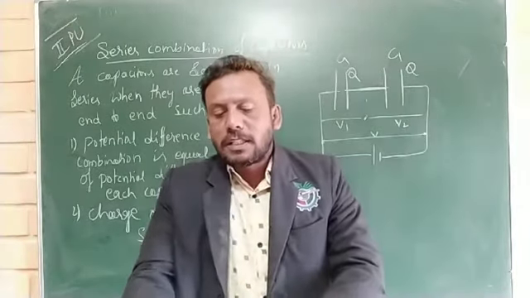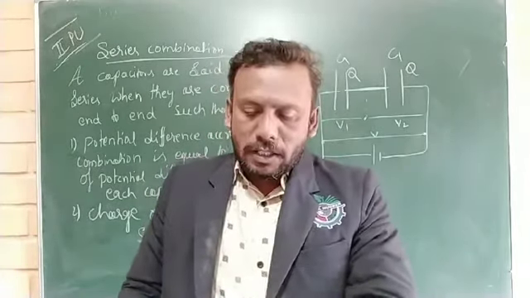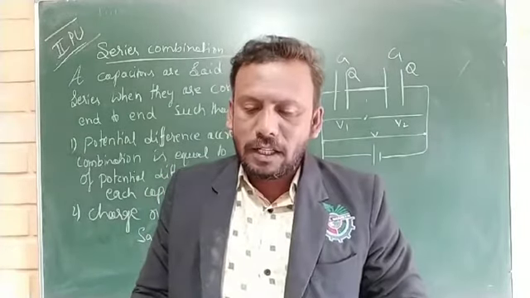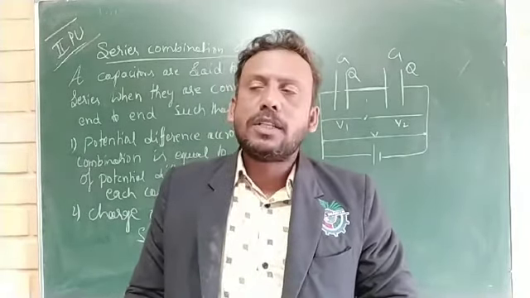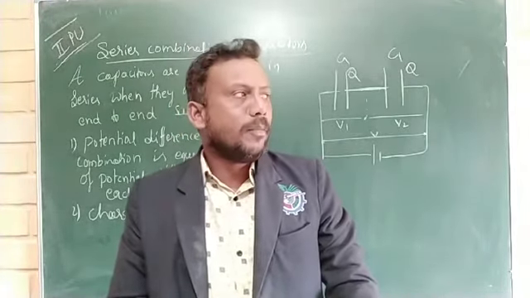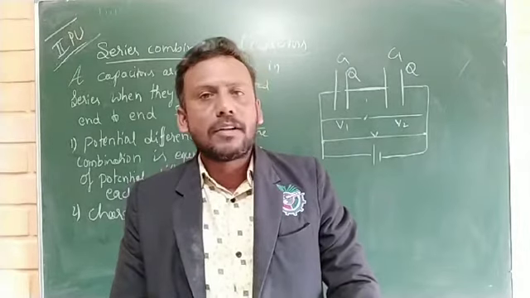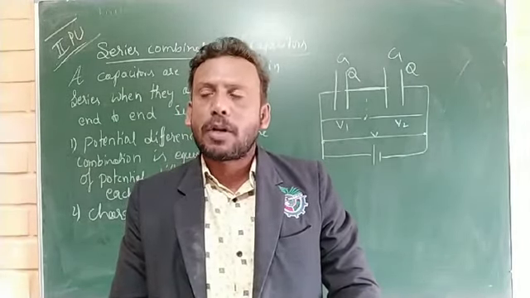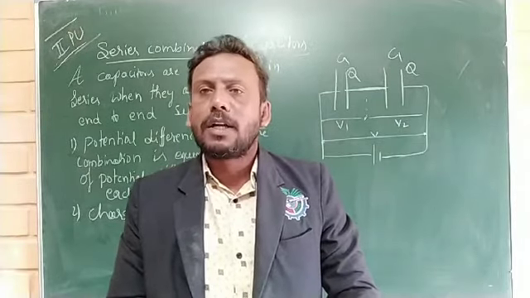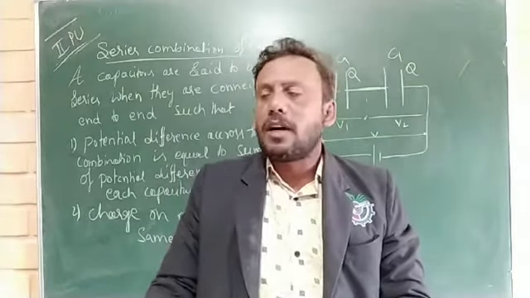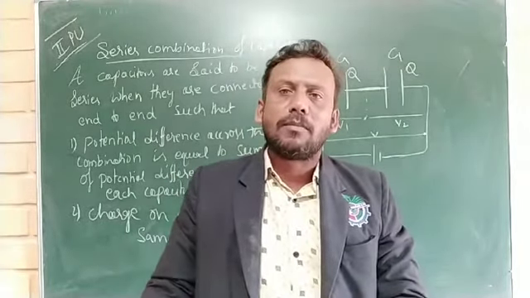The capacitors are said to be in series combination when they are connected end to end such that the potential difference across the combination is equal to the sum of the potential differences across each capacitor. Potential divides in series combination, but the charge on each capacitor is the same.